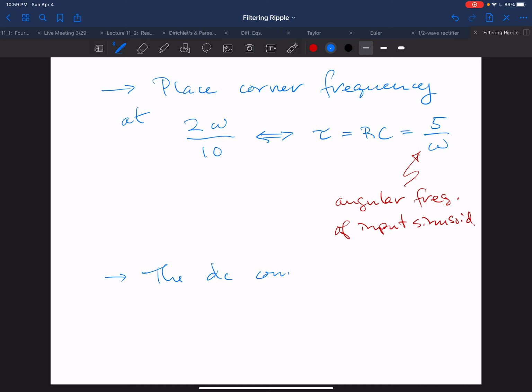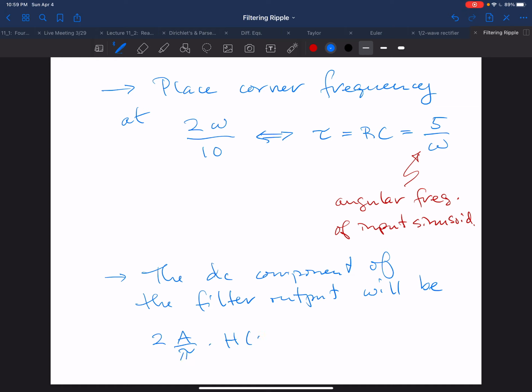So the DC component of the filter output will be the DC component 2a over pi of the rectifier output times the DC gain of the filter, h of 0. But again, that DC gain is going to be 1.